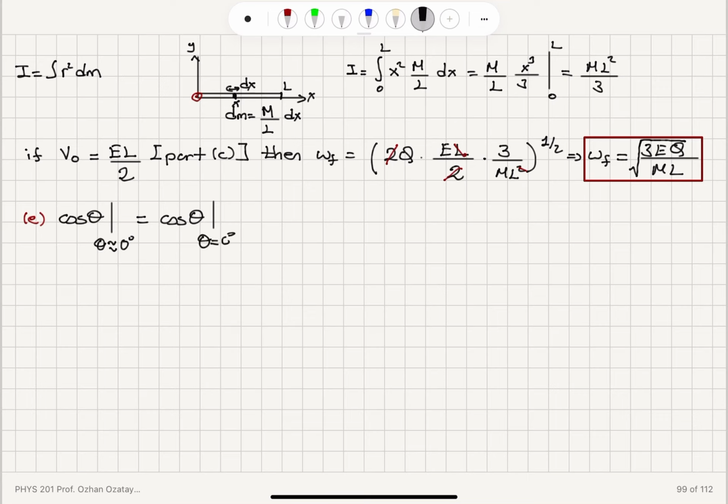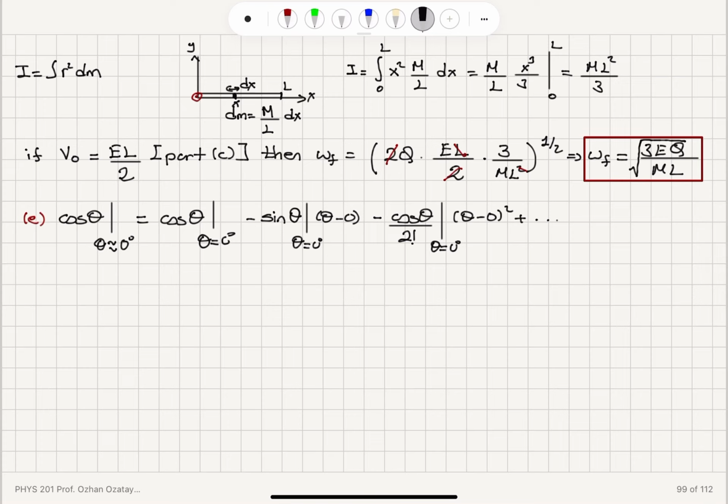Then we take its derivative, which is minus sine theta, evaluated at theta equal to 0 degrees, times theta minus 0, and then we take another derivative, minus cosine theta, divided by 2 factorial, evaluated at theta equal to 0 degrees, times theta minus 0 squared, etc. This is the Taylor series expansion.